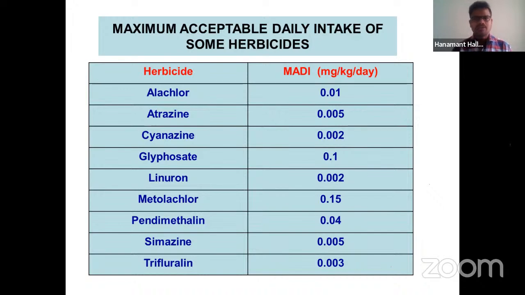That critical limit, the maximum acceptable daily intake of some herbicides, is: alachlor up to 0.01 mg per kg per day, atrazine 0.005 mg per kg per day, cyanazine 0.002 mg per kg per day, glyphosate 0.1, linuron 0.002, metolachlor 0.15, pendimethalin 0.04 mg per kg per day, simazine 0.005, then trifluralin 0.002.